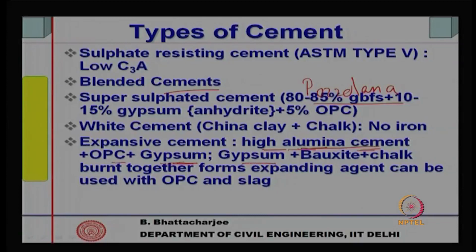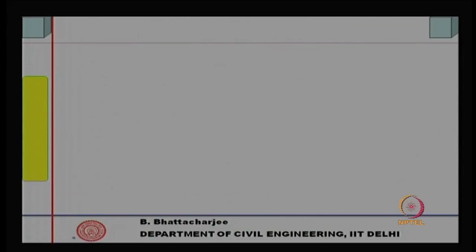Other compositions are gypsum, bauxite, which is an aluminum ore, and chalk. They are burnt together, and this forms an expanding agent that can be used in OPC and slag. So, this is expansive cement. There are some lime based expansive cements as well.